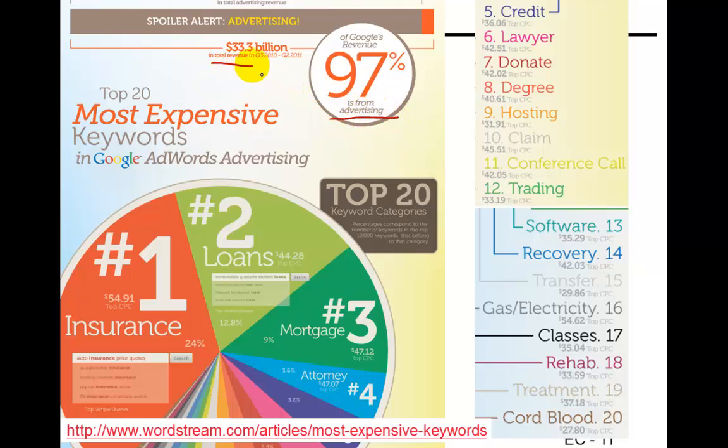The total revenue from Q3 of 2010 to Q2 of 2011 is $33.3 billion, and 97% of it comes from advertising. So advertising is very important to Google in terms of the revenue they are able to generate.